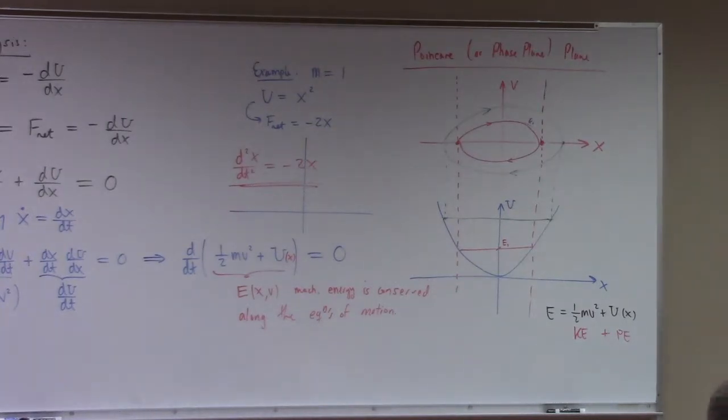All right, something like that. And then what I want to do is plot the phase plane, the Poincare plane, for this given potential energy. So this here is u of x; I'm plotting u of x here.